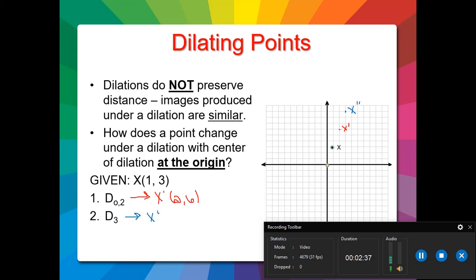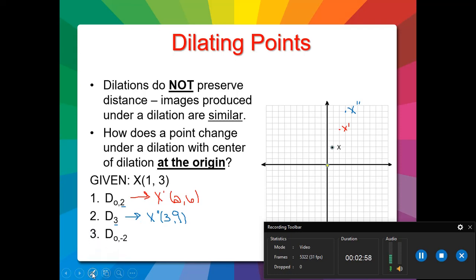And my ordered pair is 3, 9. Now you can see when we started with X, we're multiplying, in this case, to get to X prime by 2. And when we go to X double prime, we're multiplying by 3. So the multiplication rule does work when you're dilating about the origin.